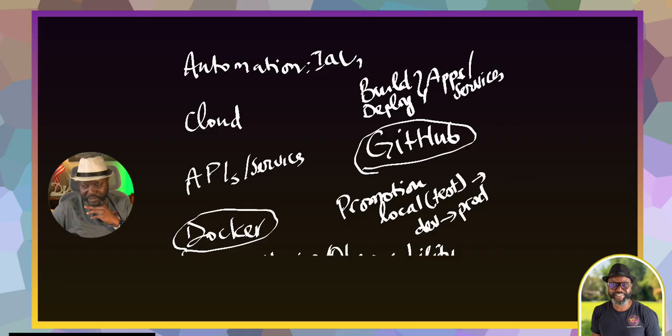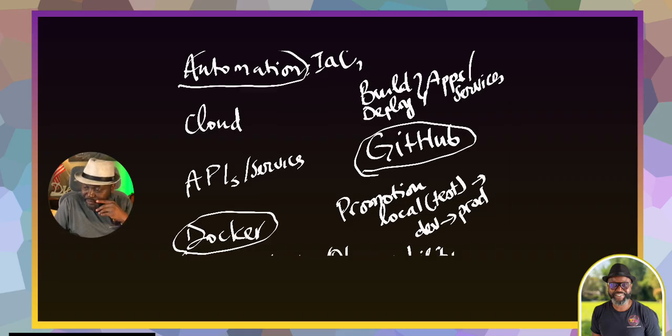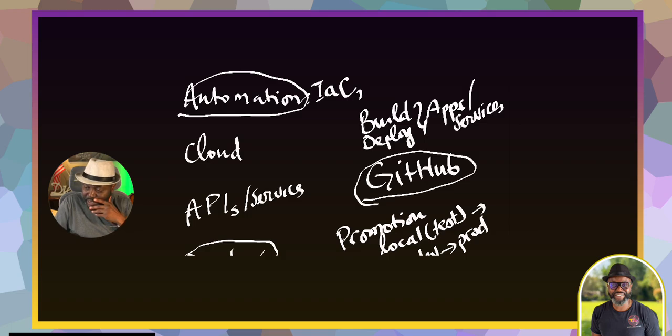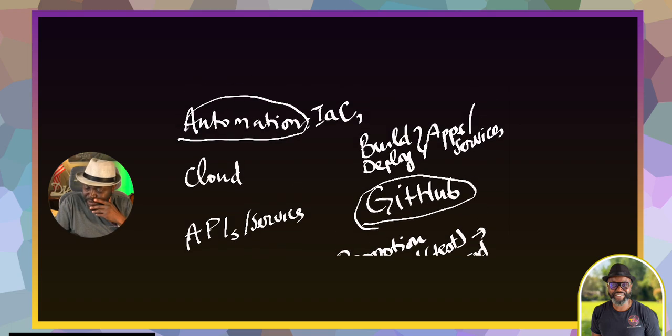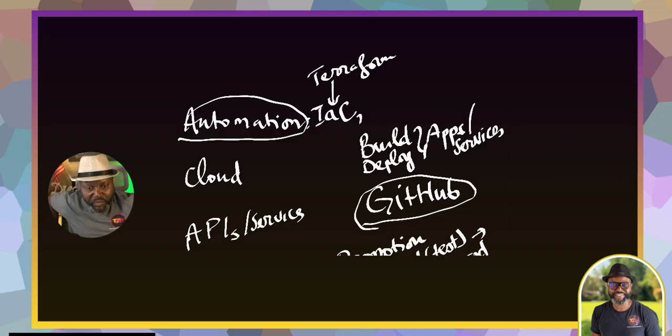Okay, let's go back to automation. We've talked about Terraform, which is an IaC tool. What else do we use to automate? What do you use to write your Dockerfile?